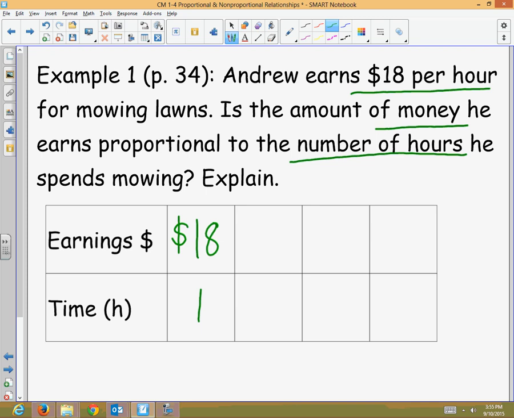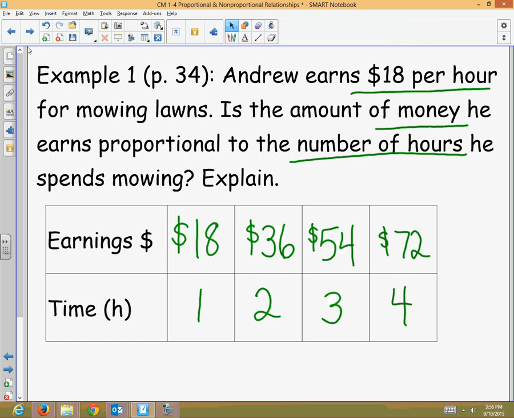So the time here would be 2 hours. In 2 hours, he would earn twice the amount of money. If you double 18, you would get $36 that he would earn. If we keep this pattern going, 3 hours would take 3 times the amount of money, which would be $54. And in 4 hours, he could earn $72.